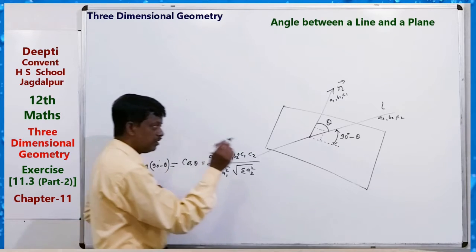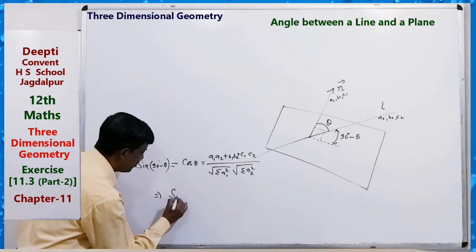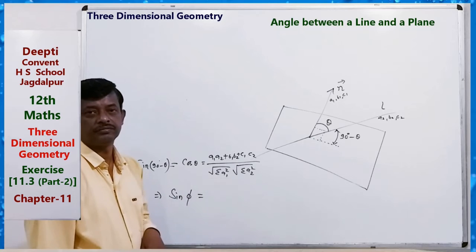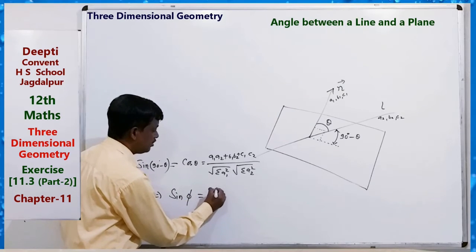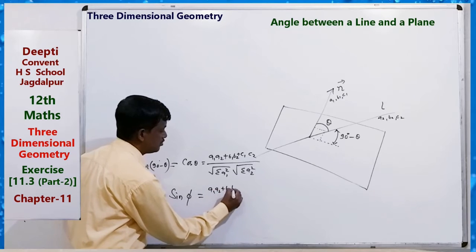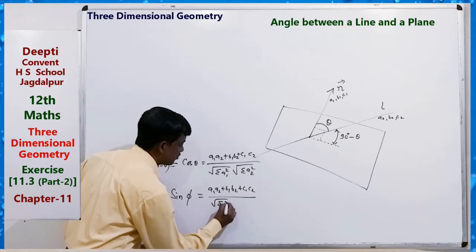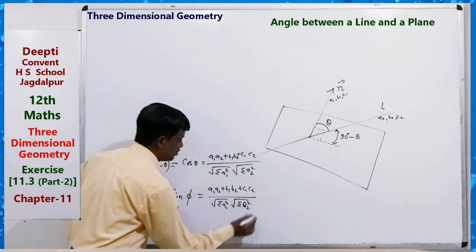So if this is phi, we can write sine phi equals A1 A2 plus B1 B2 plus C1 C2 upon root over summation A1 square into root over summation A2 square.